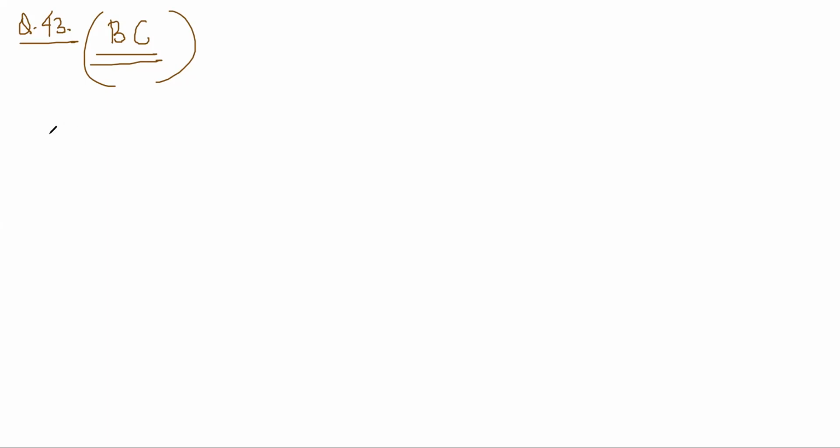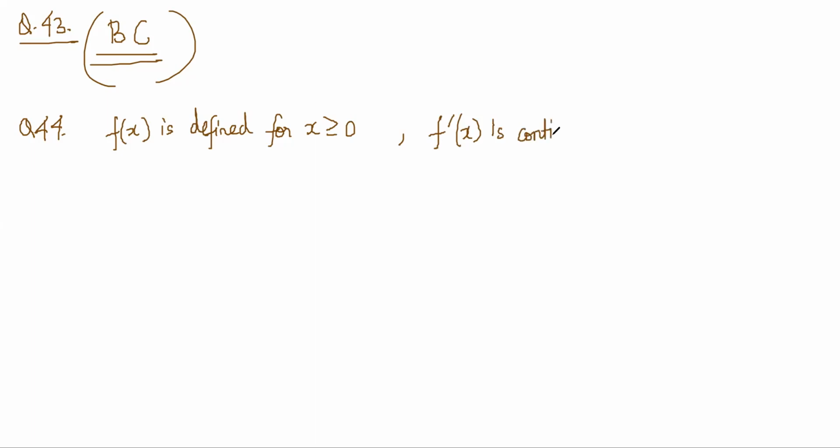44 is a calculus question. So 44, let's discuss. f(x) is defined for x greater than or equal to 0 and has a continuous derivative. Basically, f dash x is continuous.